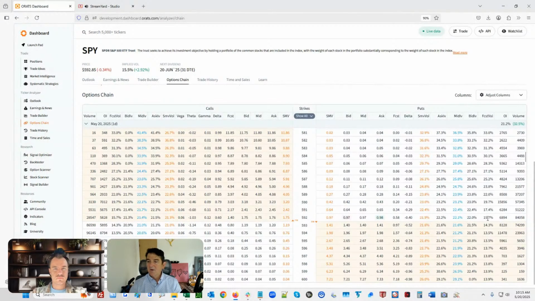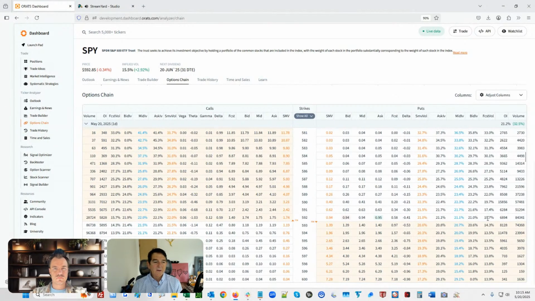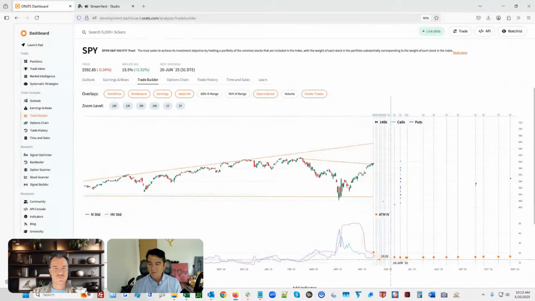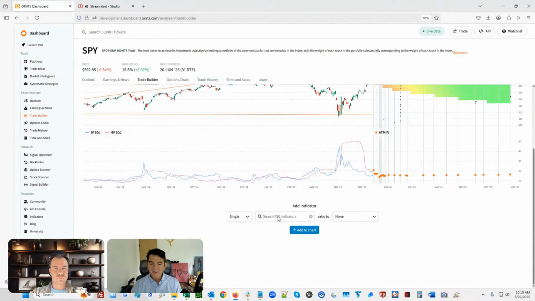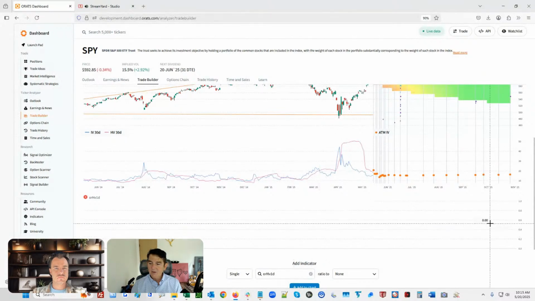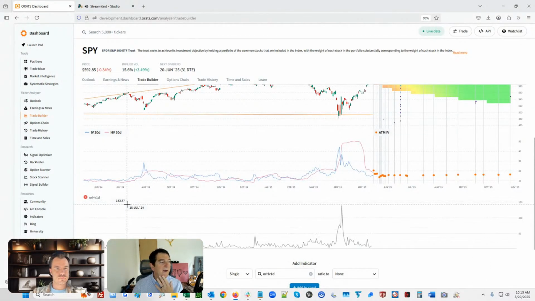So, the forecast vol again looks at historical volatility. We could go to the trade builder real quick to see that. But if you look at a shorter term measurement of volatility, even the 1 day, like yesterday, ORATS has a historical volatility that's based on a Parkinson calculation that gives accurate 1 day volatility.